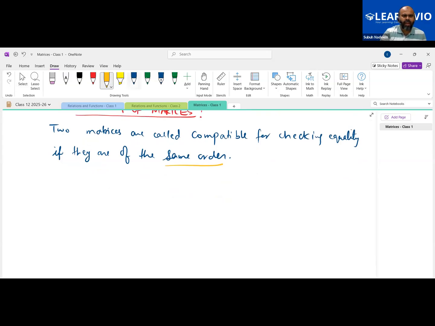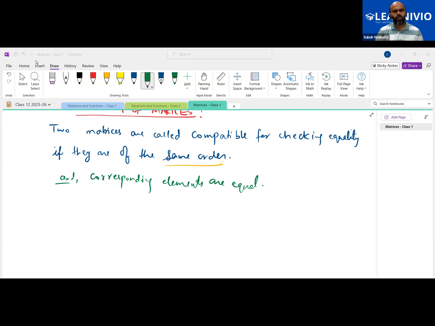Another condition is that, after that we will check, corresponding elements are equal.